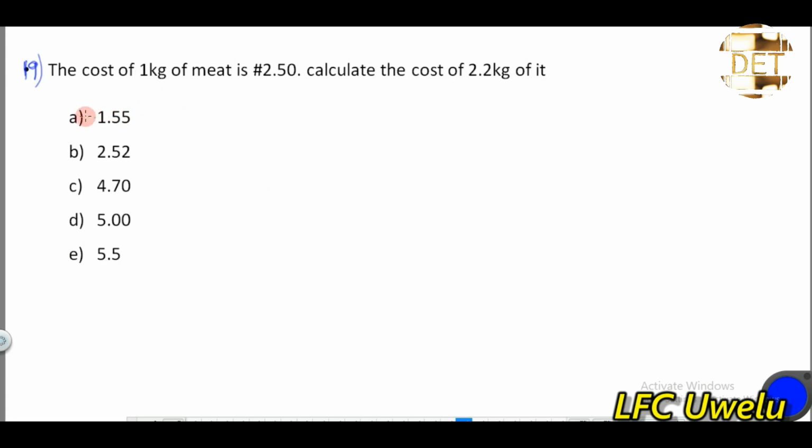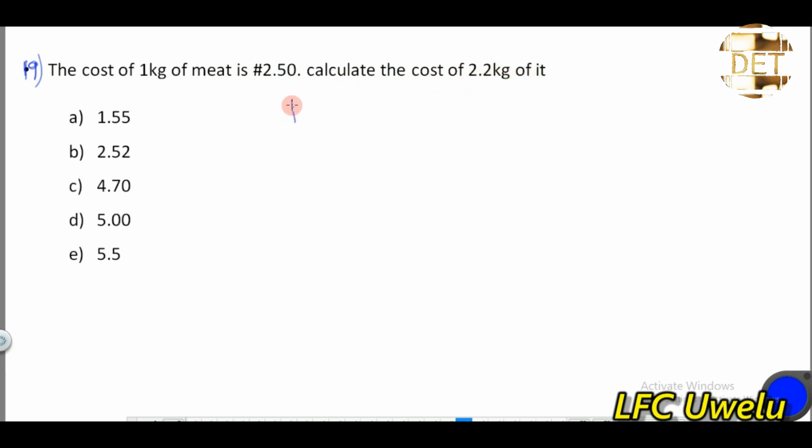Okay, the next question I have here is number 19. And the question is, the cost of 1 kg of meat is 2.5 naira, right? Calculate the cost of 2.2 kg of it.